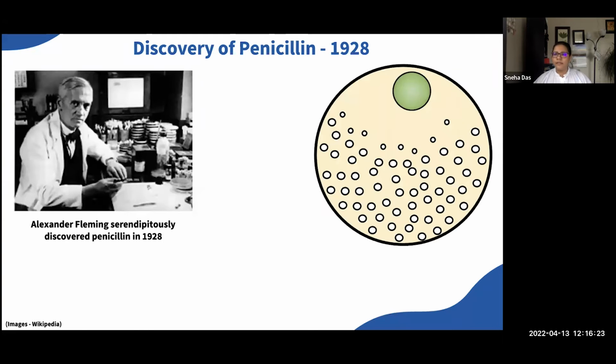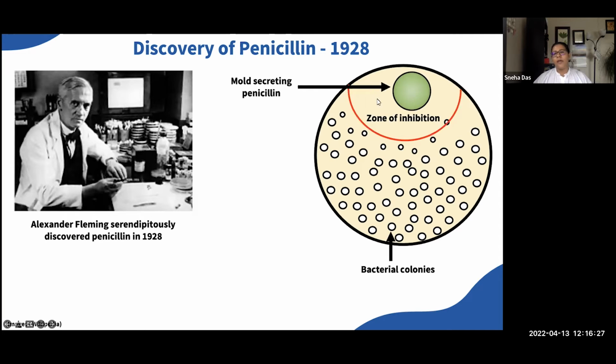And when he returned, it looked something like this. Where you have a mold growing in one of the corners of the plate, and you can see the bacterial colonies are white, but they are not growing around the area where the mold is growing. And hence he discovered penicillin that could inhibit bacterial growth.